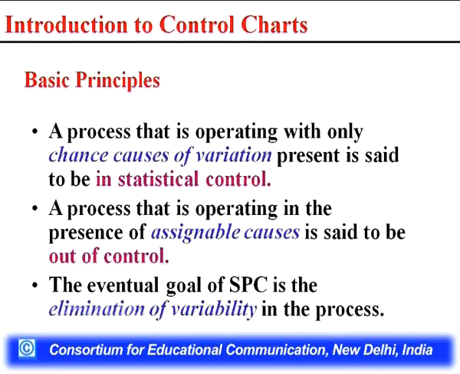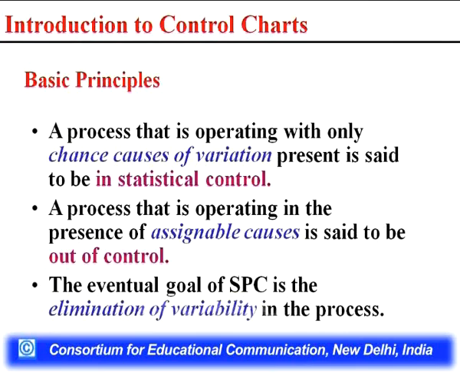If the process is having only common causes or the random causes, we say that the process is running under statistical process control. A process that is operating in the presence of assignable causes is said to be out of control.